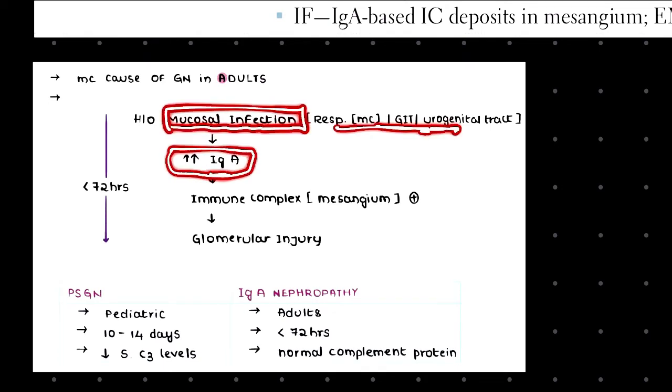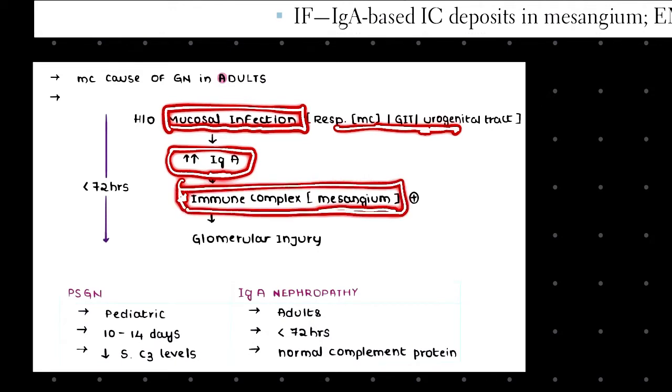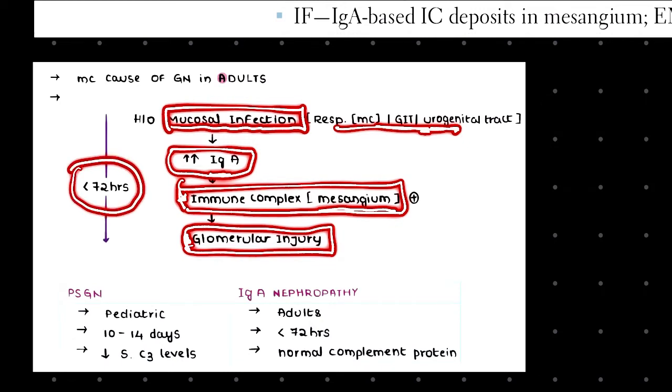This increase in IgA level will cause deposition of IgA in the mesangium, and in the mesangium there will be immune complex formation. As there is immune complex formation, there will be glomerular injury, and this will happen within less than 72 hours of the infection of our mucosa.